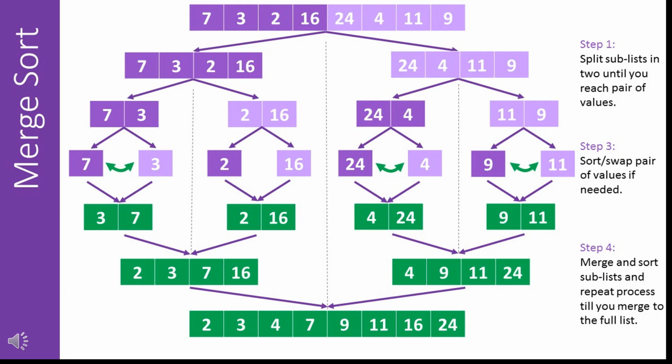This is done recursively, as shown in the diagram. Step 2. Sorting and merging. Next, pairs of elements or small subarrays are compared and sorted. These sorted sublists are then merged into larger sorted lists. Step 3. Final merge. The process continues until all sublists are merged back together into a single, fully sorted array.